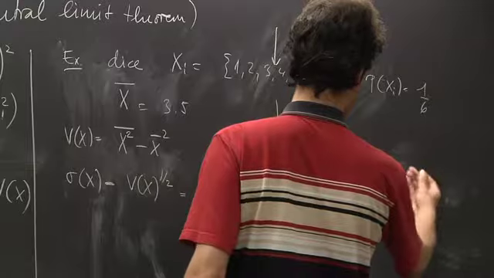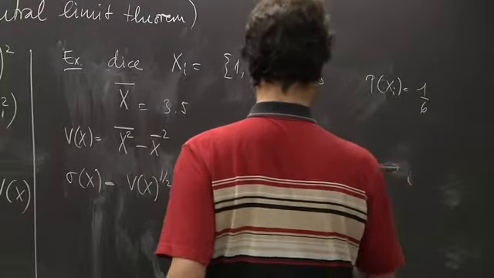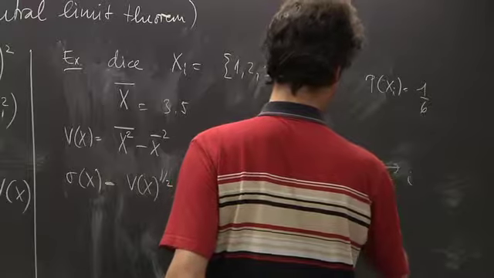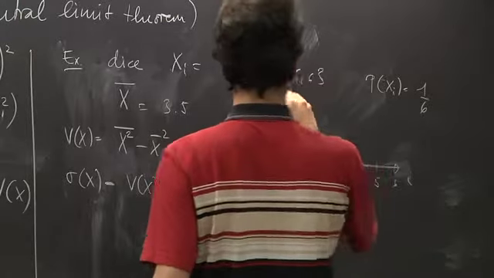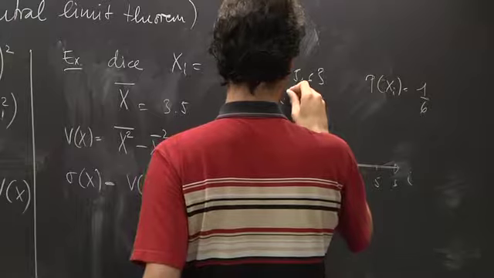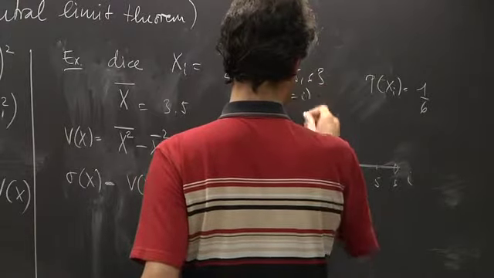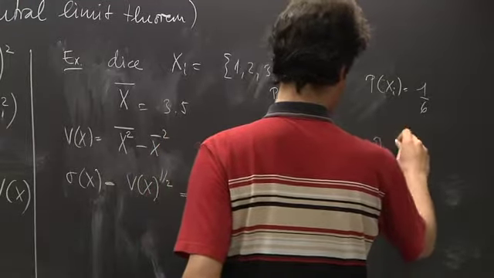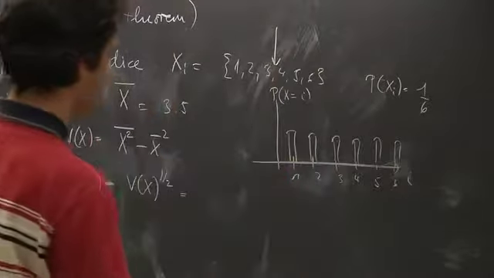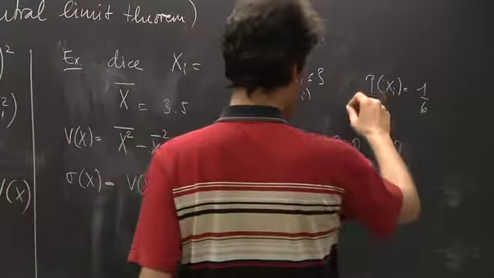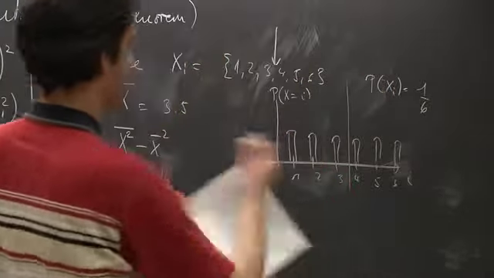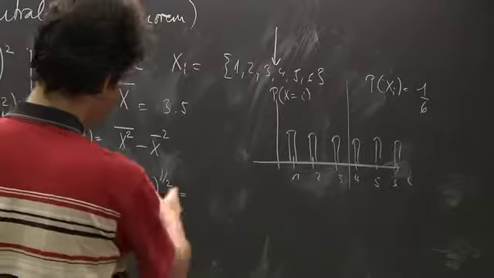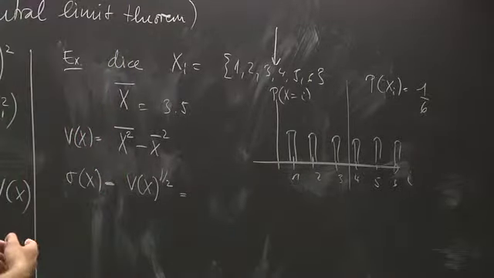So this is I, 1, 2, 3, 4, 5, 6, and p of x equals I. So you have 1/6 here, 1/6 here, 1/6 here, 1/6 here. So you want to describe that by giving its average, which is here, and some kind of fluctuation. So what do you think comes out if you make this? Square root of 6. Why square root of 6?